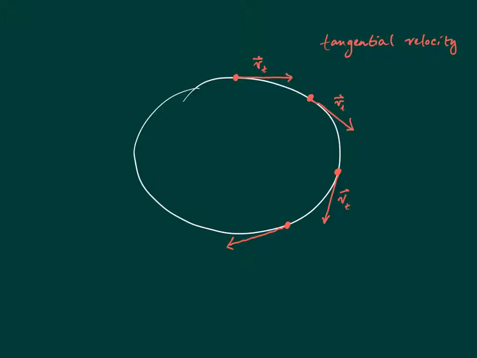Now, what was actually causing this tangential velocity? What was causing the planet Earth to move in a circular shape around the sun? Well, you should have noticed that we had that force of gravity from the sun acting on the Earth, pulling the Earth in that circular pattern.